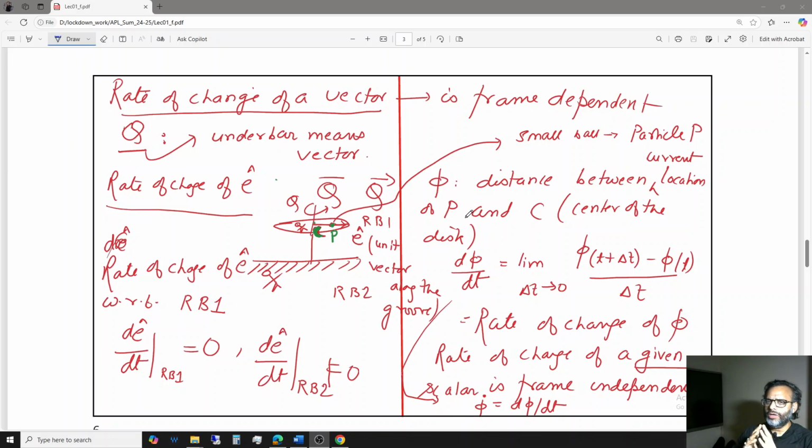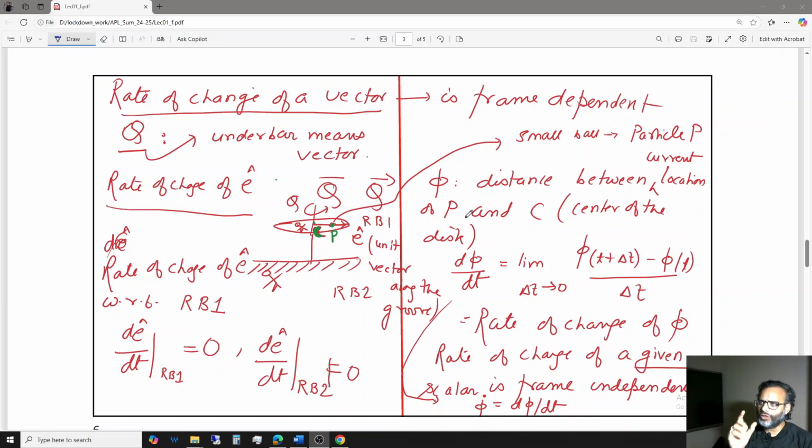So now if you talk about the vector CP, it can change its magnitude and it can change its direction also. So that vector will definitely be frame dependent. But if I would not worry about in what direction the insect is, I just worry about the distance between the center of the disk and wherever the insect is at a current instant.